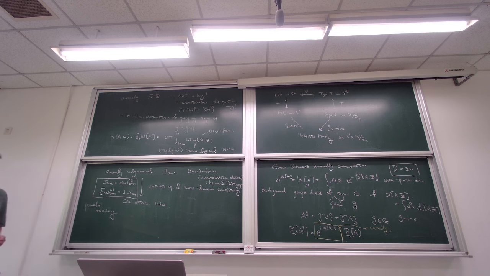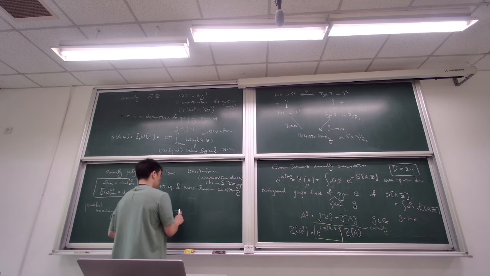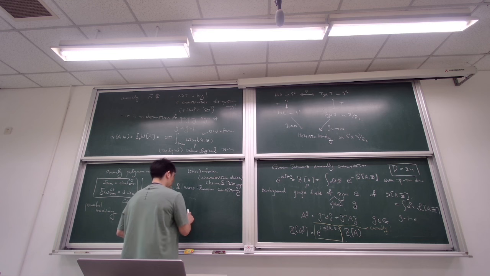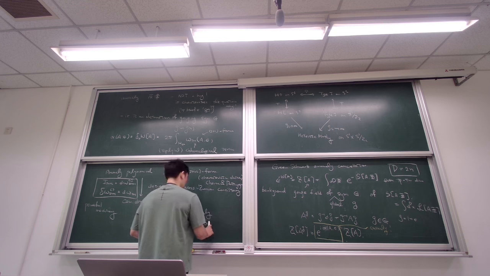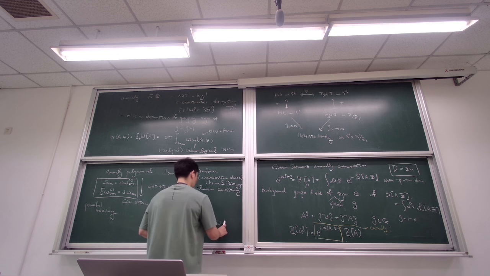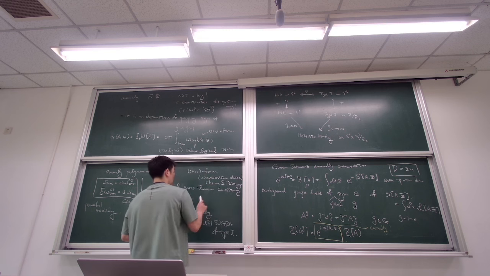And then from then, I will talk about the problem of the anomaly of the N equals 1 supergravity of type I. So this is the algorithm.